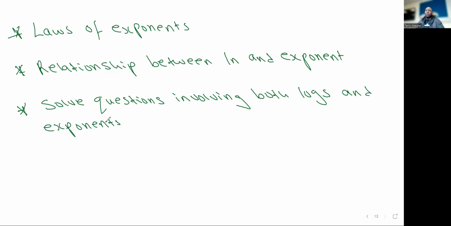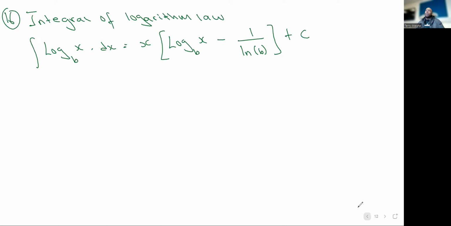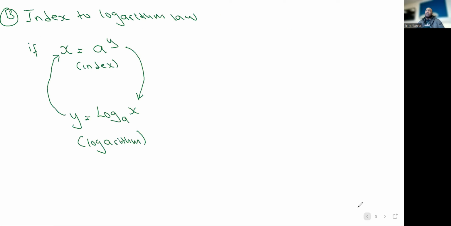So it's important that you follow me in this series so you can understand that. I'm going to solve questions that have logs, and questions that have exponents, and I'm going to apply the relevant log laws to each of them and try to solve them as well. Okay? All right. So that is that for that.